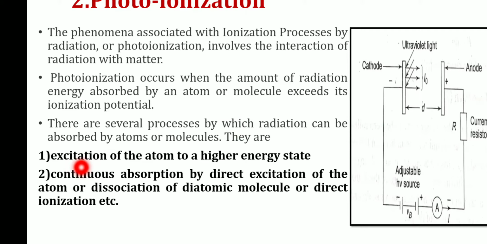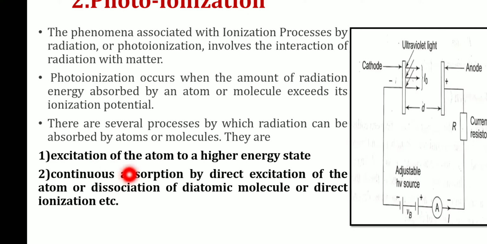Keep it in mind, excitation is nothing but the energy, that is light energy, being given to the electron when it is moving towards the higher energy levels. Getting my point? The first process responsible for the absorption of light energy by the atoms or molecules is the excitation process.